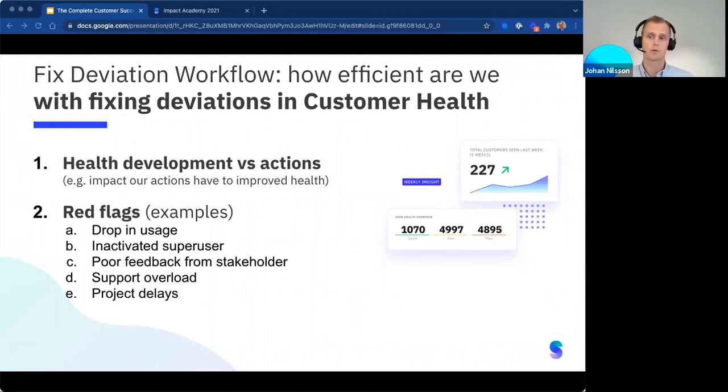So that's a really strong metric to track for customer success. And again, red flags. I think a lot of the reports we want are to flag red flags.